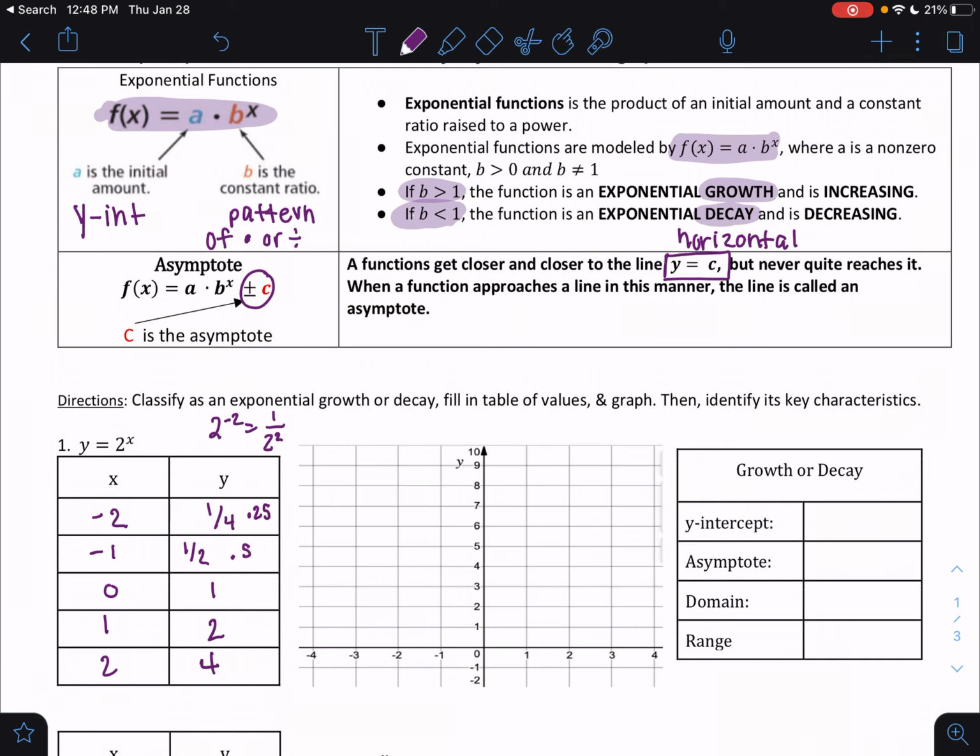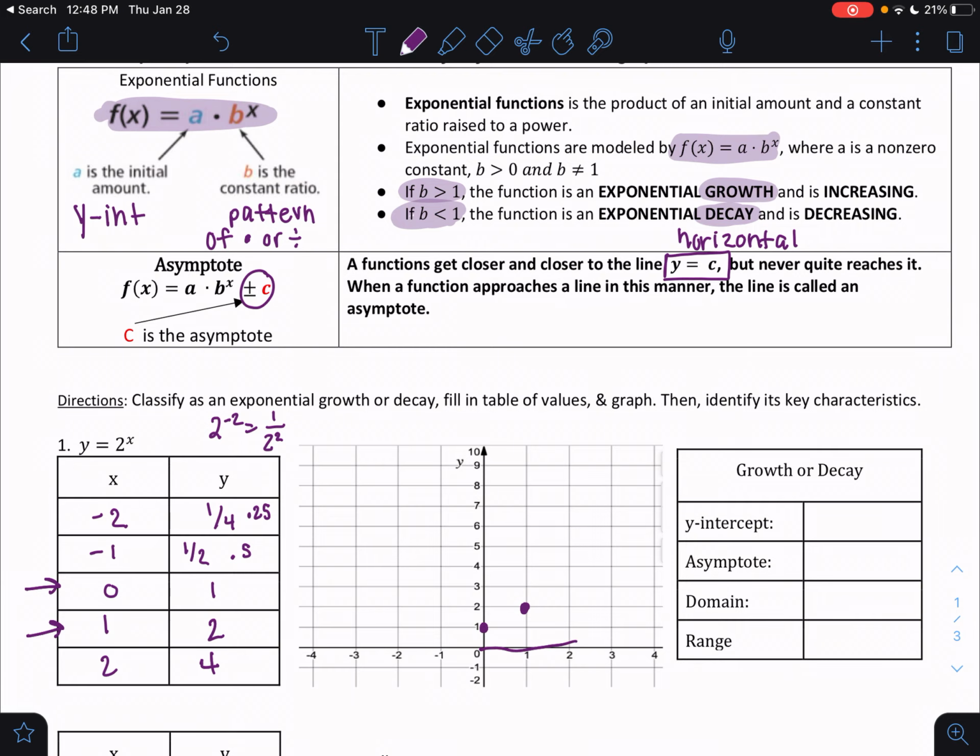So now let's graph this. I'm going to start with my y-intercept and graph that: over 0, up 1. I'm going to go over to the positive now. Over 1, up 2.